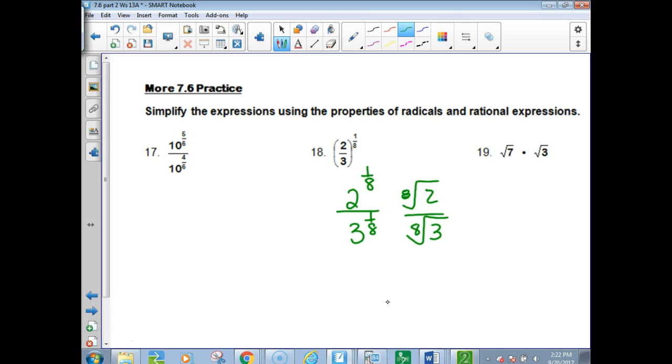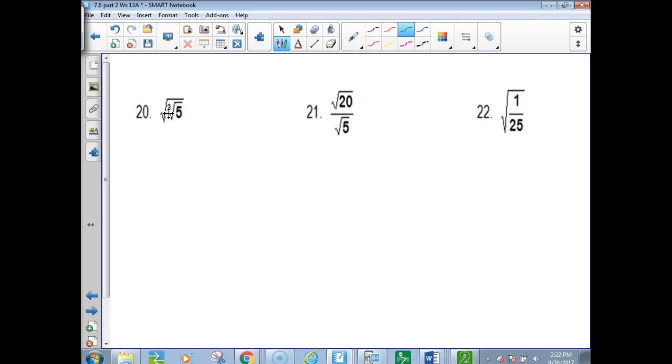Cameron? Sure. And who else? Gwendolyn, was that you, Gwen? 20? Oh, yeah, I love that one. Okay, so let's see if you can help me figure it out. I mean, obviously I know, but how can you write a square root as an exponent?